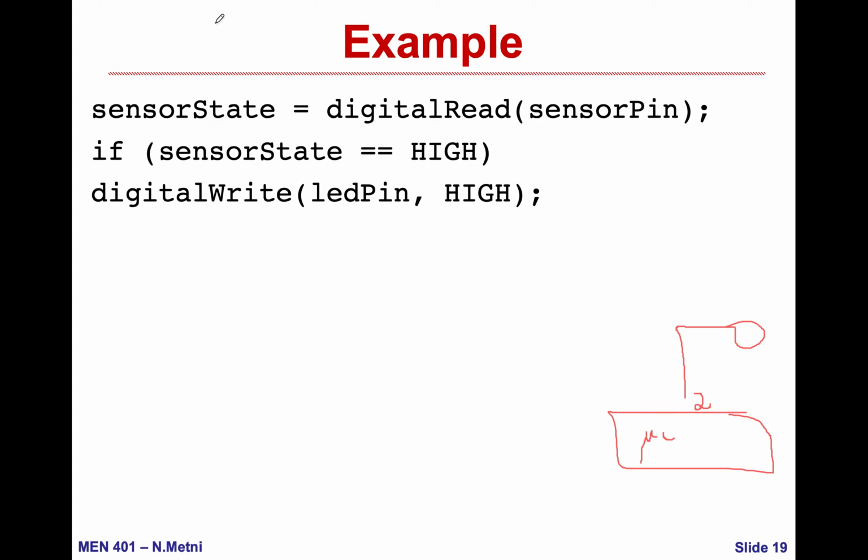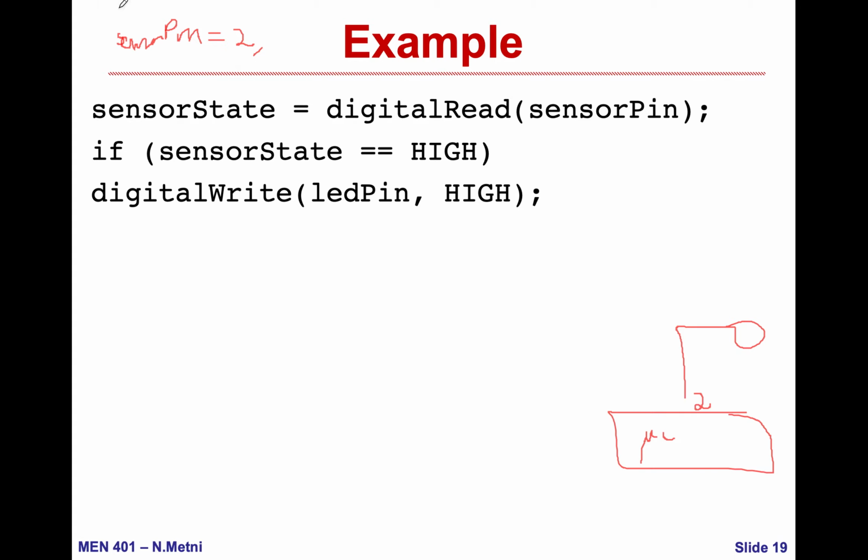In the void setup, I can put sensor pin equal to 2, and then I will put pin mode sensor pin input.